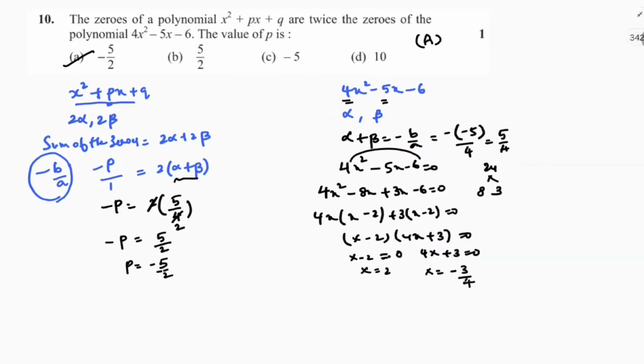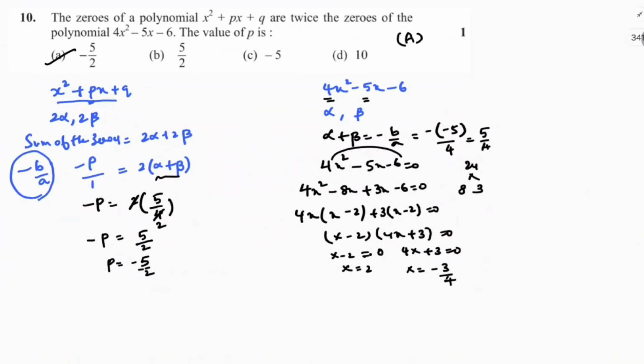If we consider alpha as 2 and beta as minus 3 by 4, then 2 alpha is 2 times 2, which is 4, and 2 beta is 2 times minus 3 by 4, which is minus 3 by 2. So the 2 alpha and 2 beta are here.